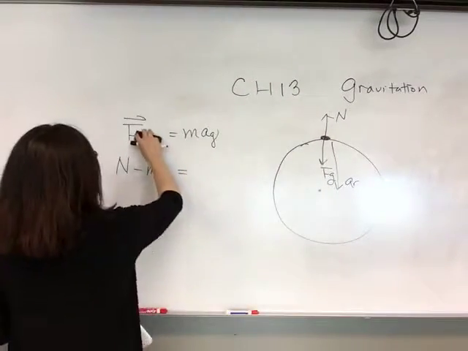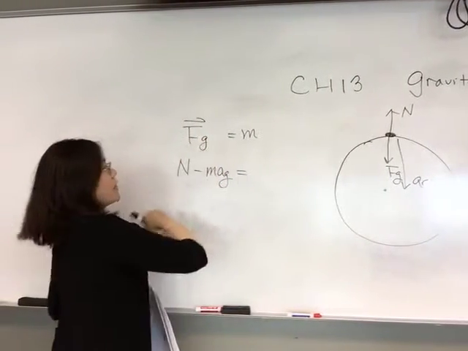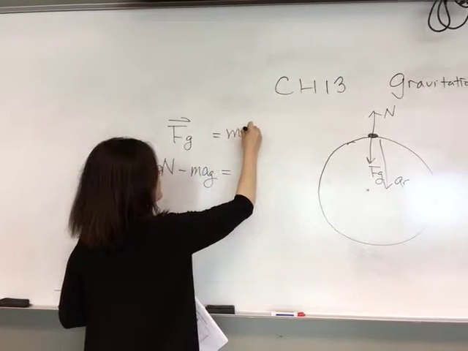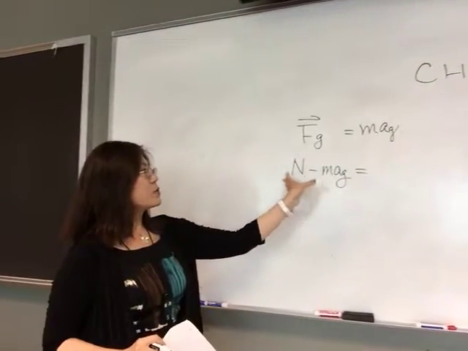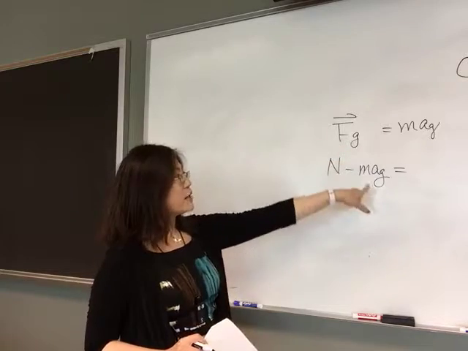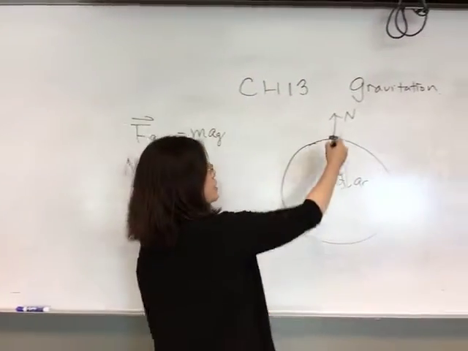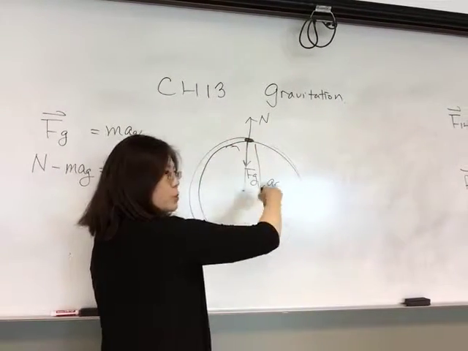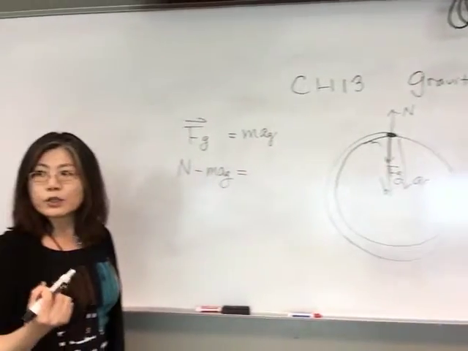Let me just say Fg, the gravitational force, is this. Okay, and the net force is equal to N minus the gravitational force, right? So N minus mag, and that should be equal to the centripetal acceleration because it is rotating like this, which means I experience the inward, towards-the-center centripetal acceleration.